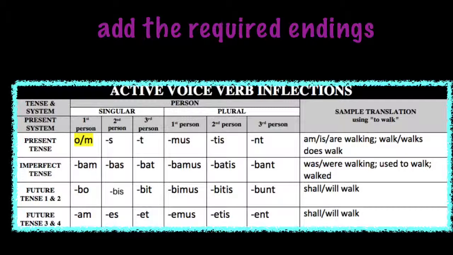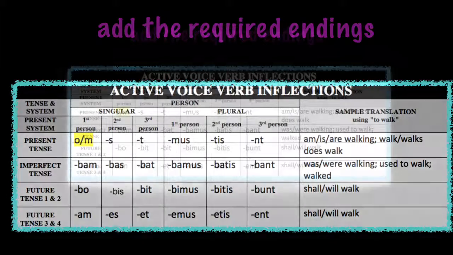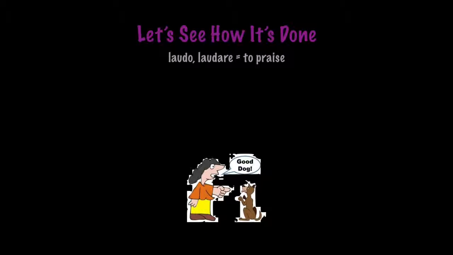Now pay attention to how three different verbs from three different conjugations are written in the present, the imperfect, and the future tense. This first verb, laudo, laudare, is from first conjugation because of the ARE.